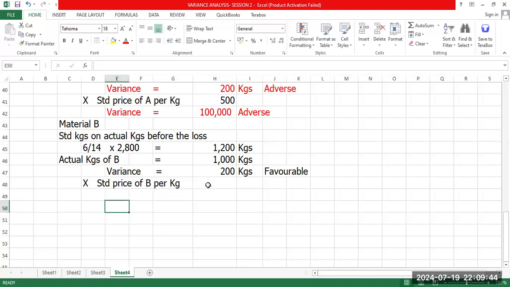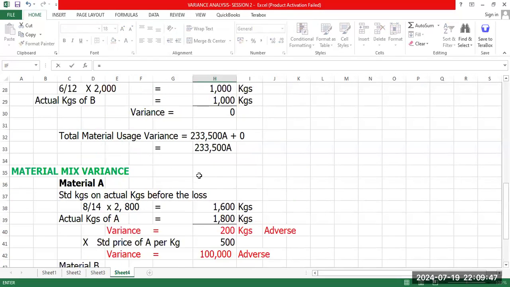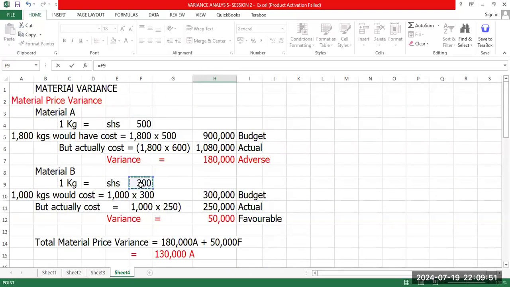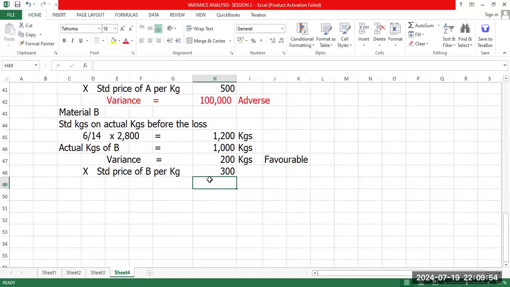And how much was that? 300. Finally, how much do you get? 60,000. We get this times this, and that will be your variance, which is favorable.